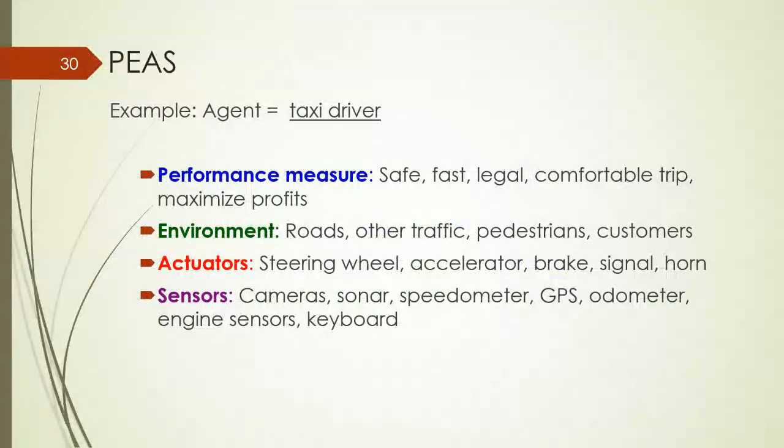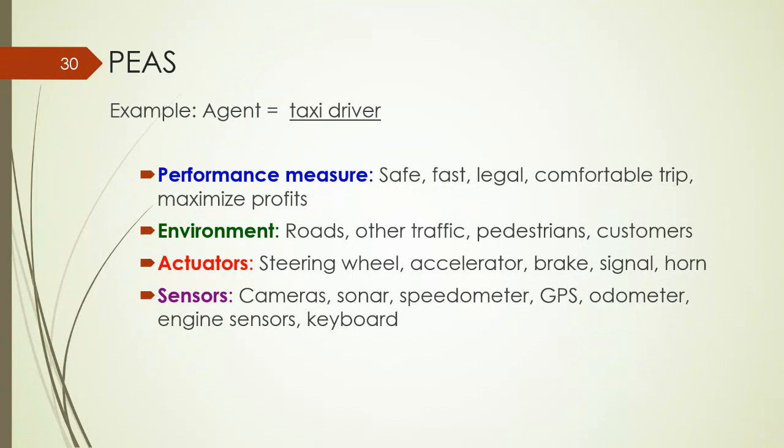For example, in a taxi driver, what is the performance of a taxi driver? How do you measure performance of an AI taxi driver? Performance measures are things like how safe, how fast, how legal, how many tickets it gets, how comfortable, how much it maximizes profit. These are measures, right? Things we can think of for an AI taxi driver.